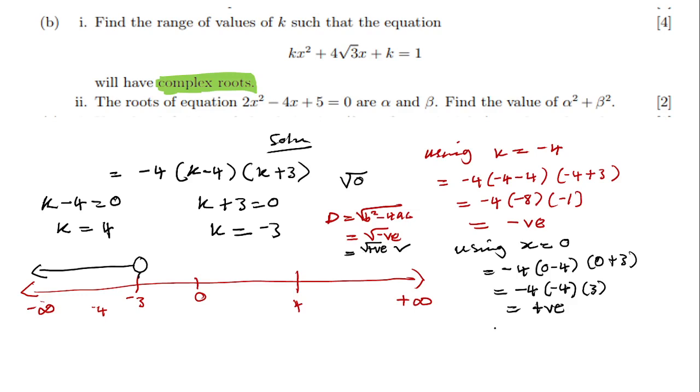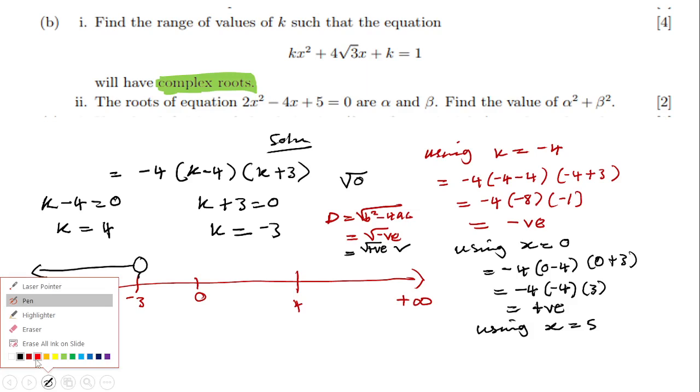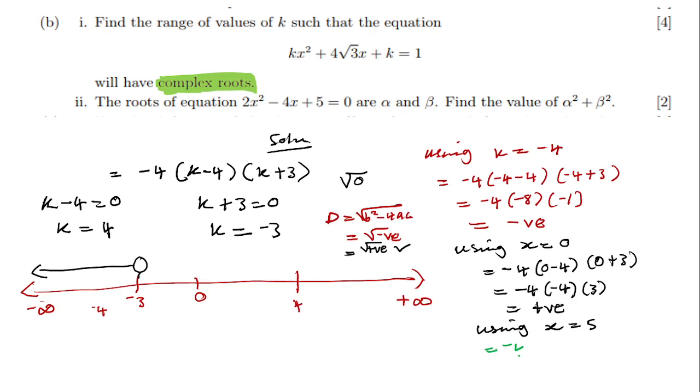But let's say using x equal to 5. What are you going to experience when x is equal to 5? When you plug in there, you're going to find that it's going to be negative 4, then 5 minus 4, and then 5 plus 3.